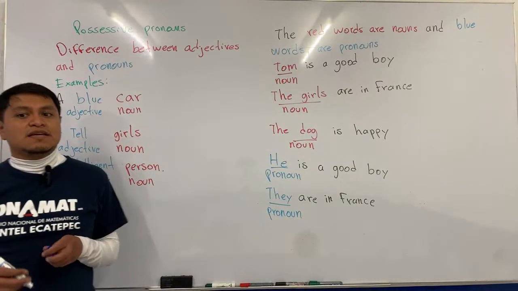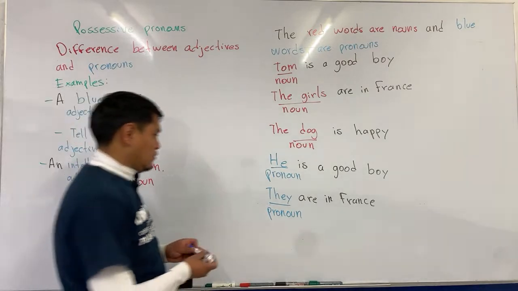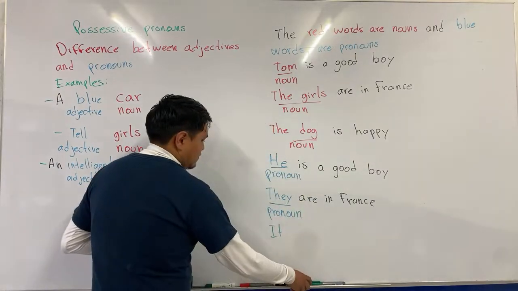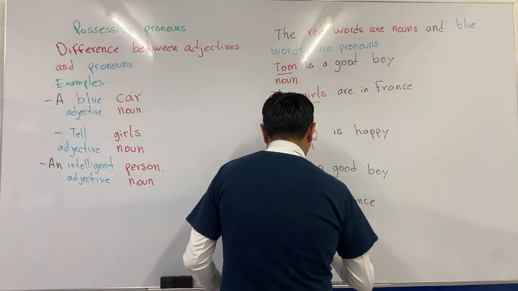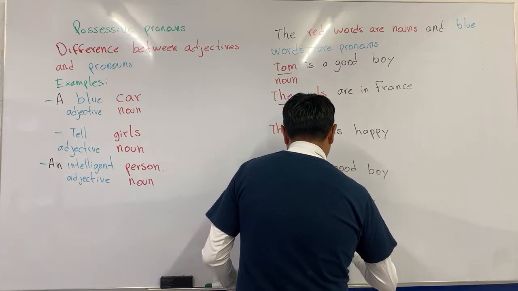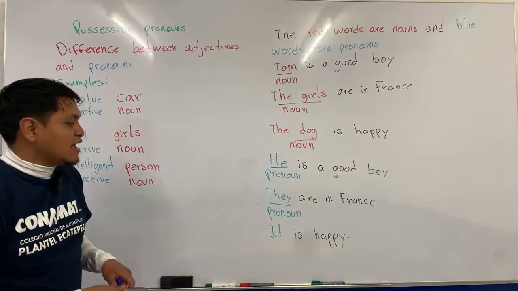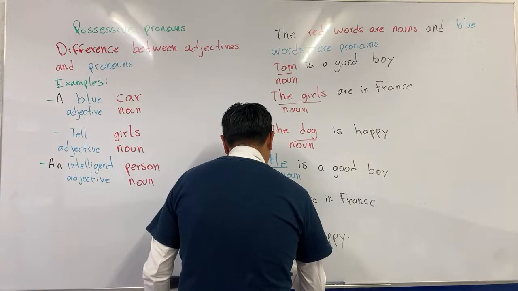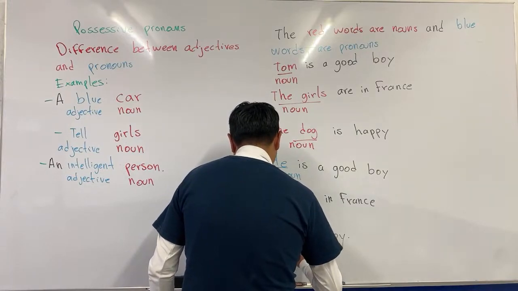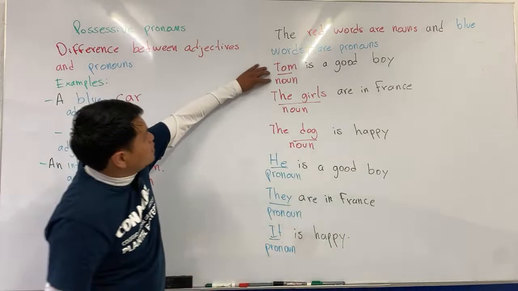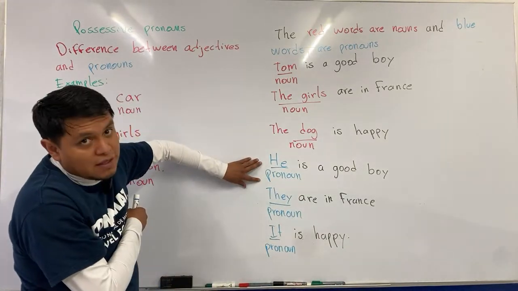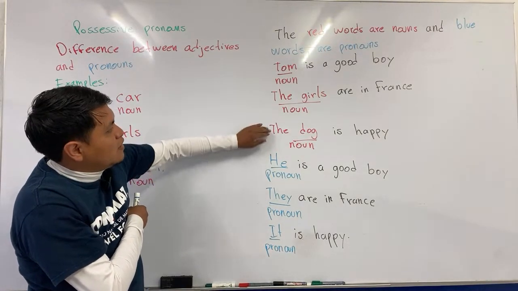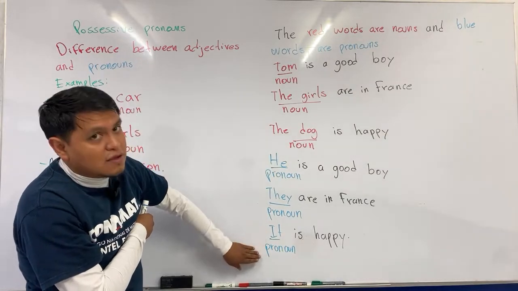And the last, in this case, we use "it is happy." It is happy. And "it" is a pronoun. Right? Tom, noun. He, pronoun. The girls, noun. They, pronoun. The dog, noun. It, pronoun.